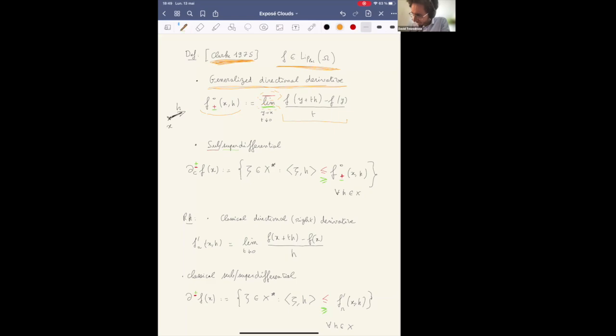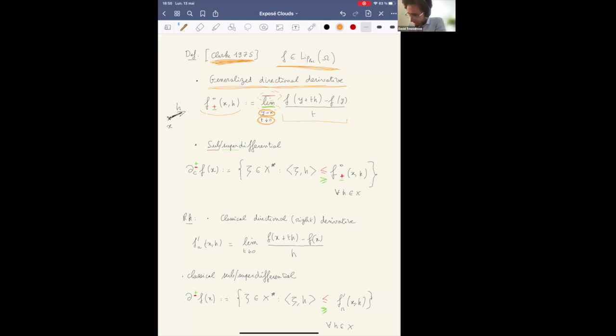The point here is that we also let x vary, where we take a lim inf and lim sup over y converging to x, in addition to having t converging to 0. What's particularly interesting with these objects is that they're always well-defined. They can be infinite, but they're always well-defined.